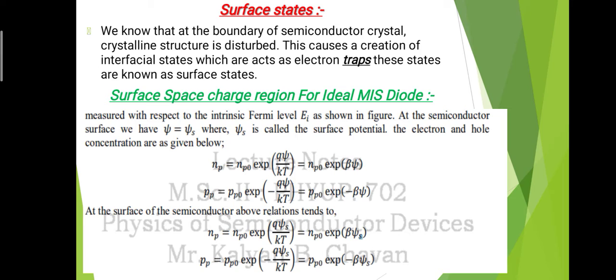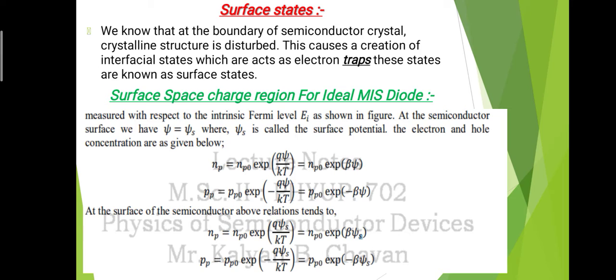At the boundary the structure gets disturbed. This causes the creation of interfacial states, due to the disturbance in the structure, and these act as electron traps. That means these states act as electron traps, and these states are known as the surface states. So this is all about the surface states.